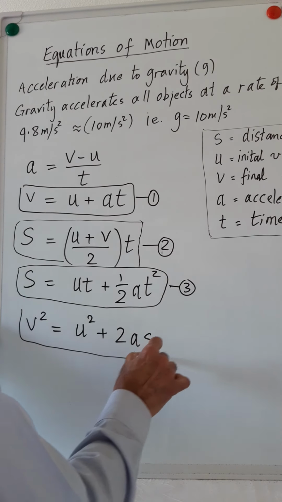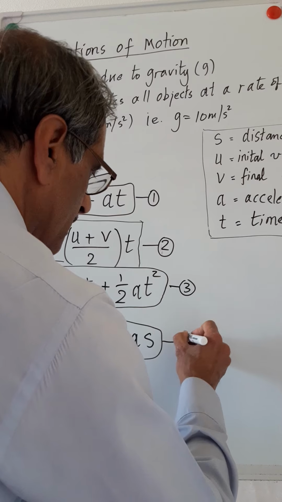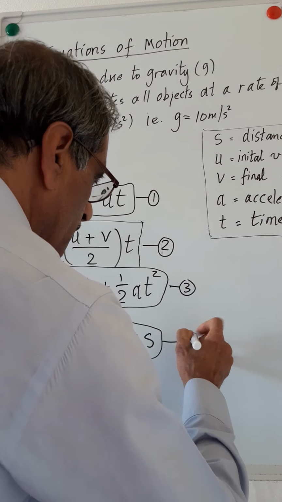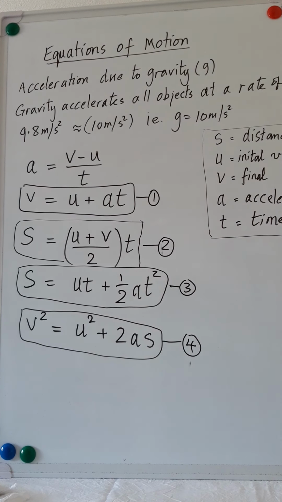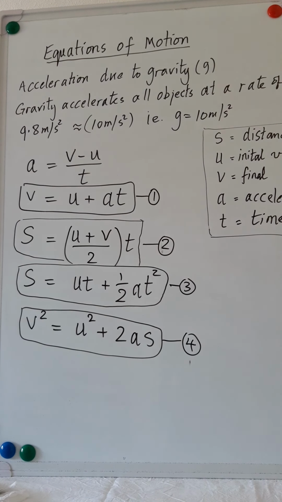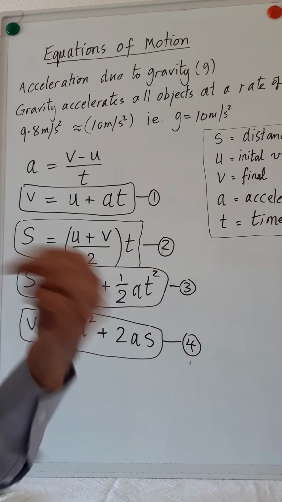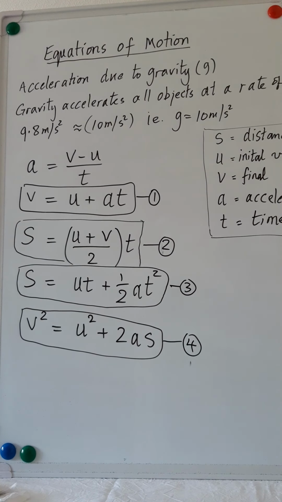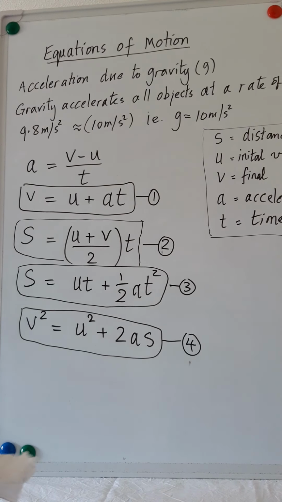So these are the four equations of motion which we are going to use in order to solve problems. As I said, you don't really need to know how to prove these, as long as you know how to use them. And we're going to use these by doing examples.